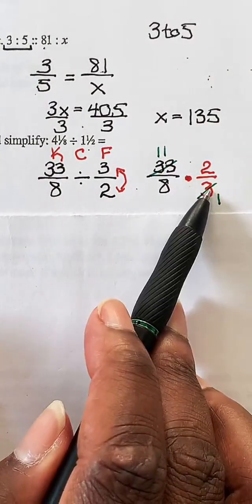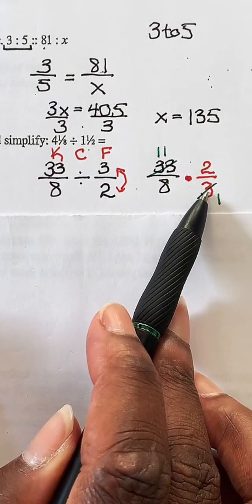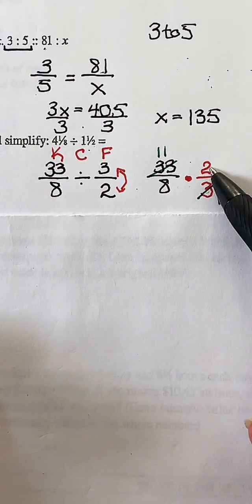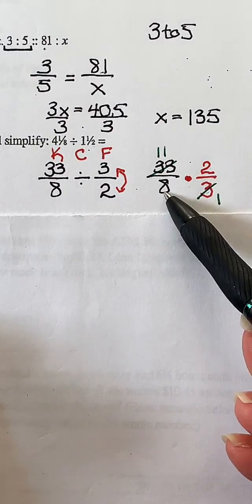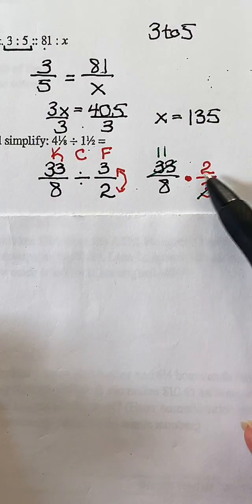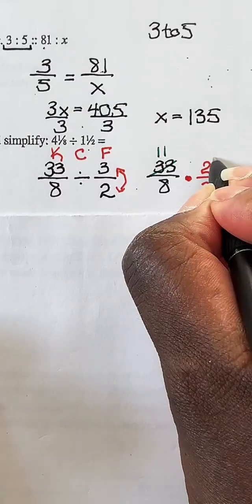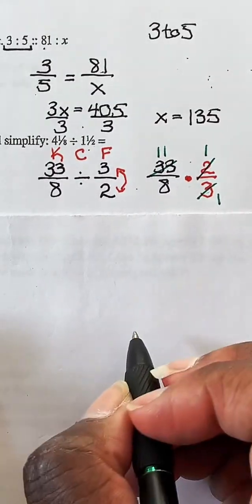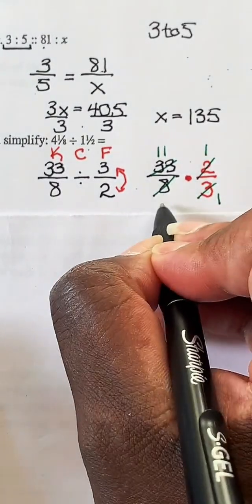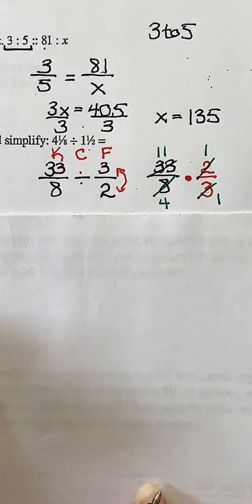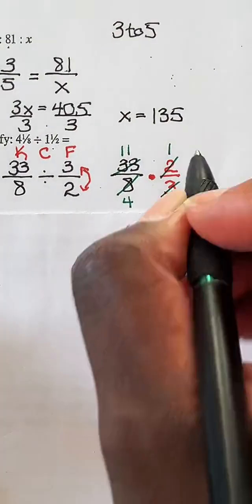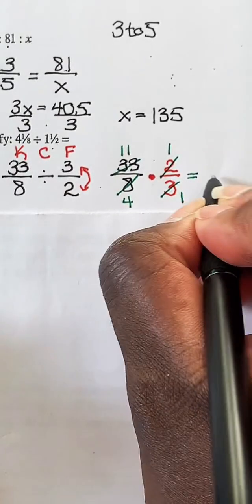We cross simplified. Then we do the same thing with the 2 and the 8. They both have 2 in common. So 2 divided by 2 is 1, and 8 divided by 2 is 4.